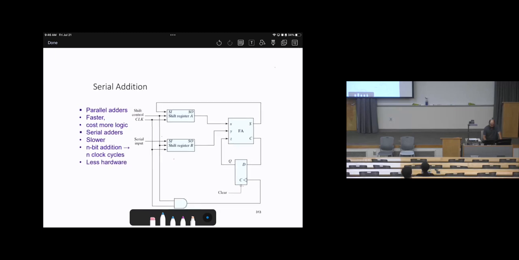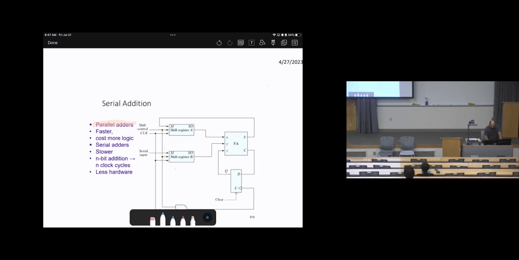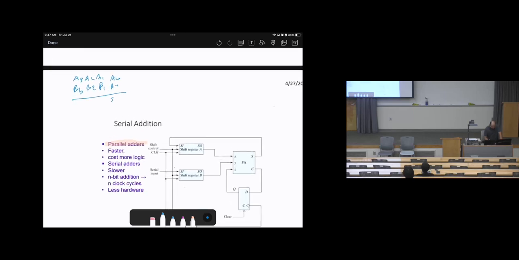Instead of the parallel adders we used to make in the past, where each bit has its own full adder. For example, when we have 4 bits, A3, A2, A1, A0, and B3, B2, B1, B0, in the past we used to say there is sum, carry, sum, carry, sum, carry, sum, and carry.